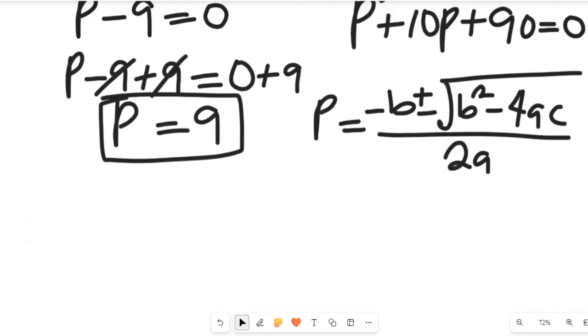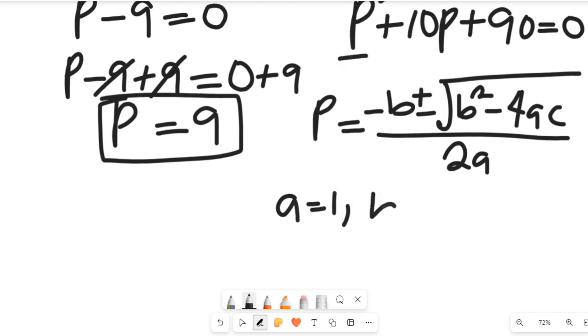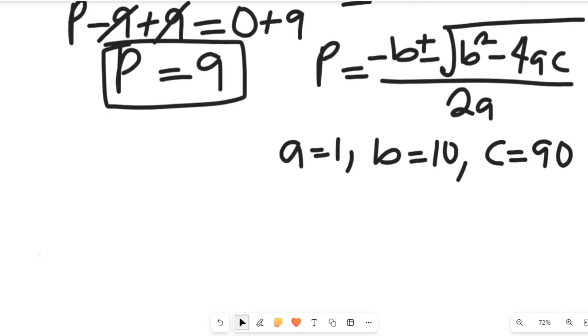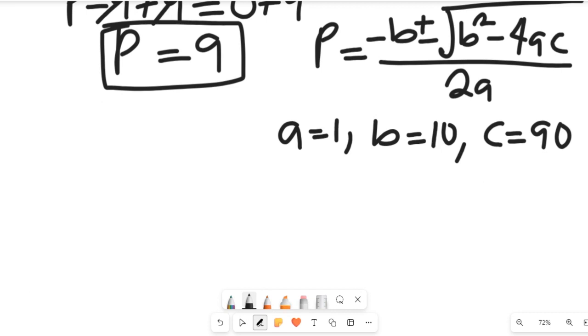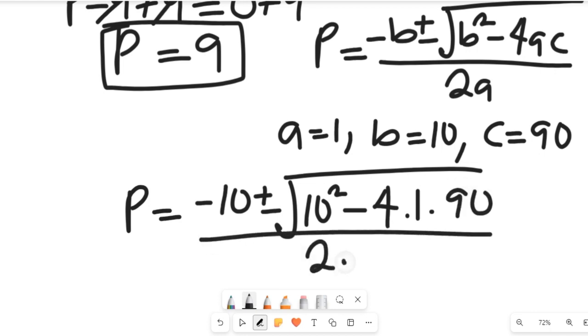So substituting the value of a, which is equal to 1, our b equal to 10, and then our c equal to 90, into that algebraic formula, we're going to have p will be equal to negative 10 plus or minus square root of 10 squared minus 4 multiplied by 1 multiplied by 90, and this will be divided by 2 multiplied by 1.